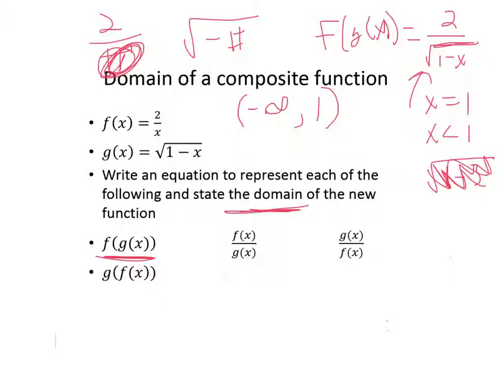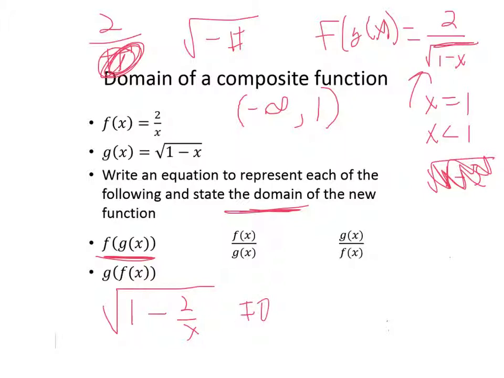I think you do the square root of 1 minus 2 over x, right? And we aren't going to try to clean that up today. Can x be 0? No. So the domain doesn't include 0.